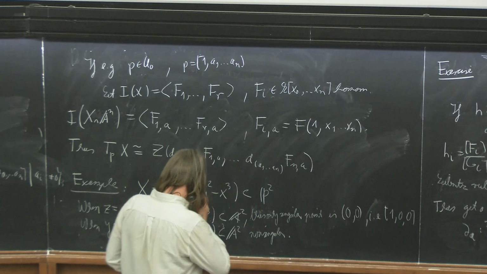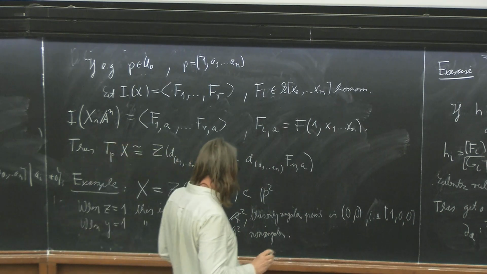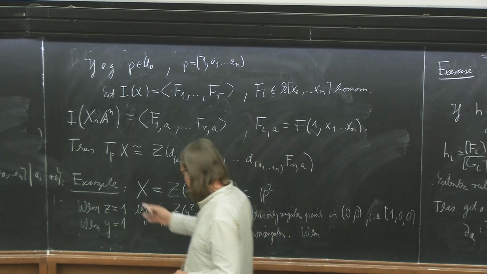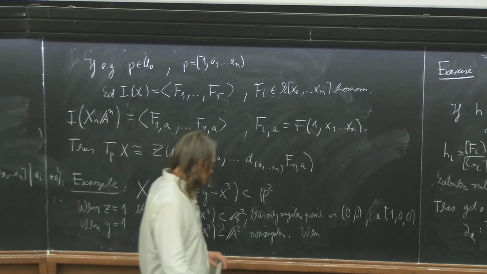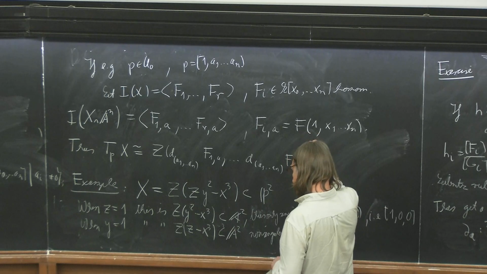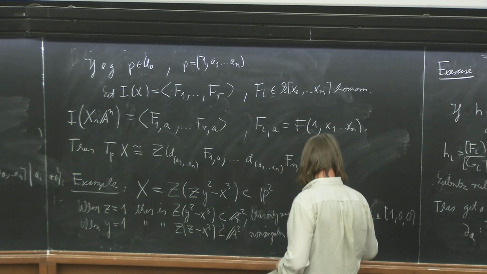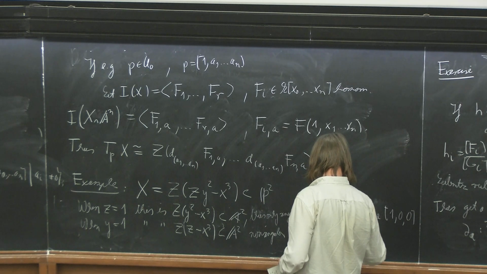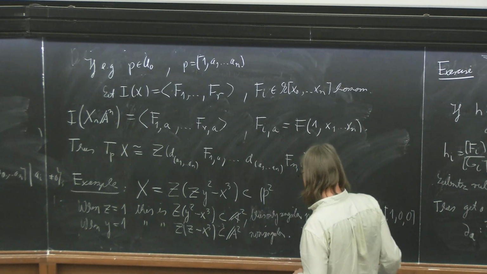And finally, you can easily check when you are outside these two charts, which would mean that both z and y are equal to 0, there are no points of X there.